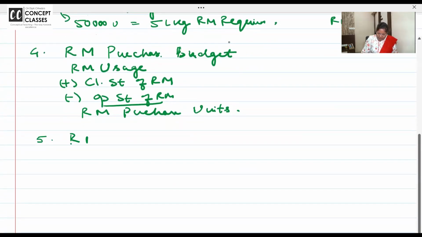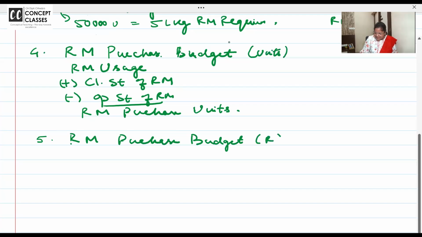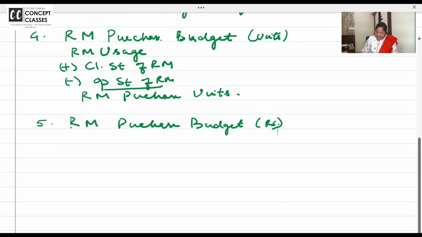Now fifth one: raw material purchase budget. Ma'am, you have made it, right? This is in units. This is in rupees. We can also do it like this, right? I don't know how to do it; I want to learn. Raw material in rupees. We know that this much raw material we have to purchase, so raw material units purchased into rate.